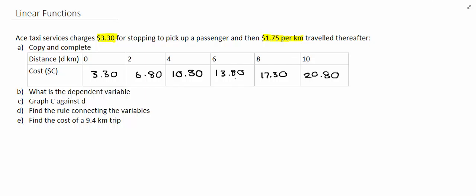Next, we're asked, what is the dependent variable? So remember when we graph things, we've got independent and dependent variables. A really simple way to remember which one is the dependent variable is just to think about which value depends on the other one. So in this case, the cost is going to depend on what distance has been travelled.